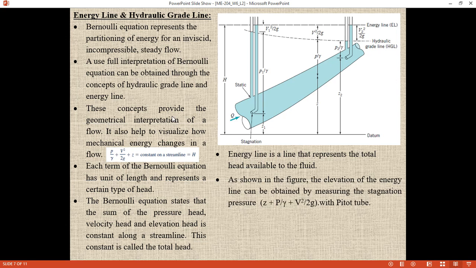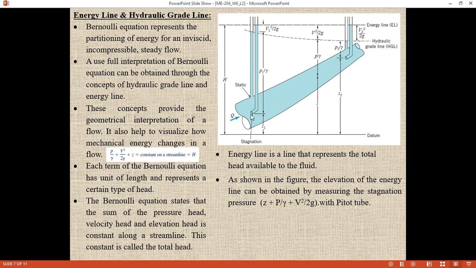Next, as shown in the figure, the elevation of the energy line can be obtained by measuring the stagnation pressure. Stagnation pressure is basically the total pressure, measured using a pitot tube.